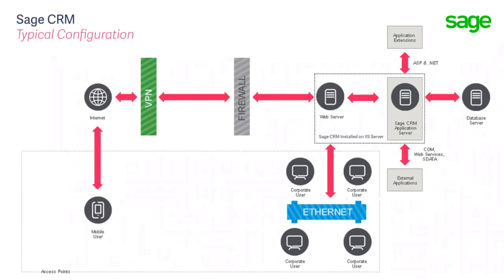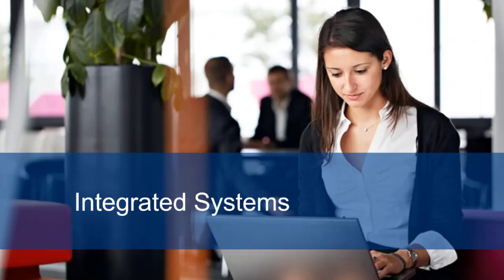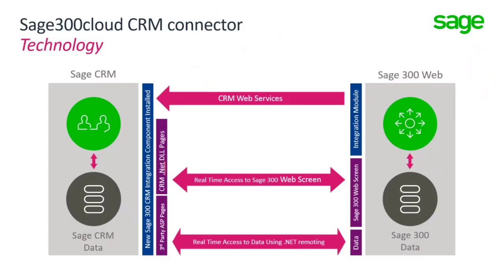So now, where I started to indicate that it gets complex when you're thinking about integrated systems as well. Sage CRM has a variety of different integrations that we can work with. We are integrating with Exchange, we're integrating with MailChimp, we're integrating with accounting systems.